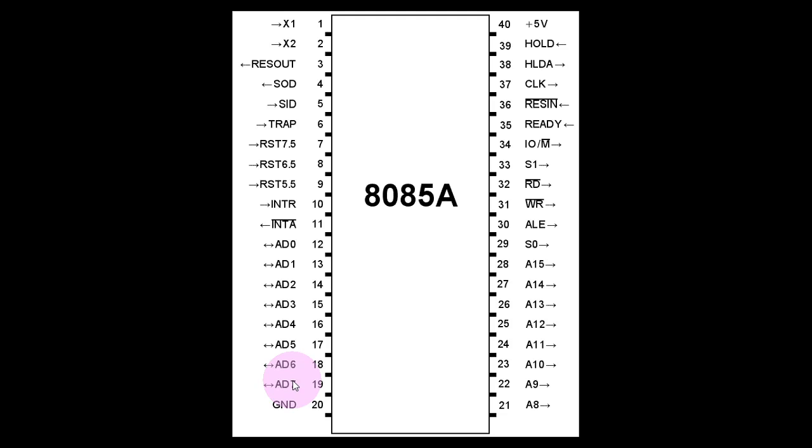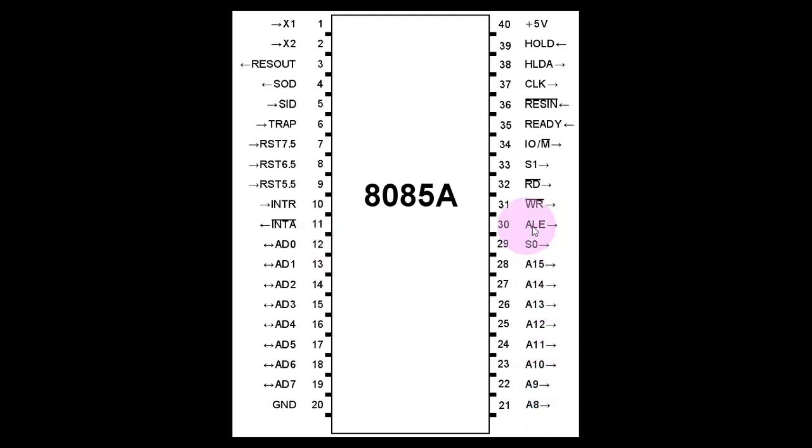Keeping that in mind, once the 8085 transfers address over these lines, this ALE, address latch enable, is made high. What it signifies to the external world is that whatever you see on lines AD0 to AD7 is address now, not data. Whether ALE is enabled or disabled, the contents on A8 to A15 will always be address.